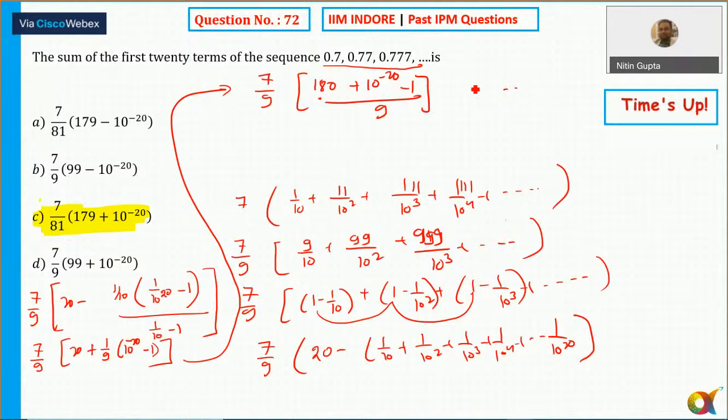So that is 7 by 81 into 179 plus 10 raised to power minus 20. So the answer is option C. It's a very standard question, not something new.